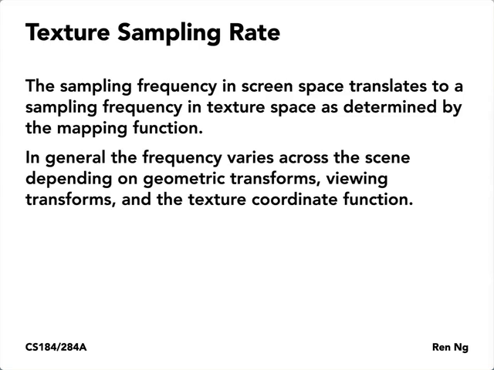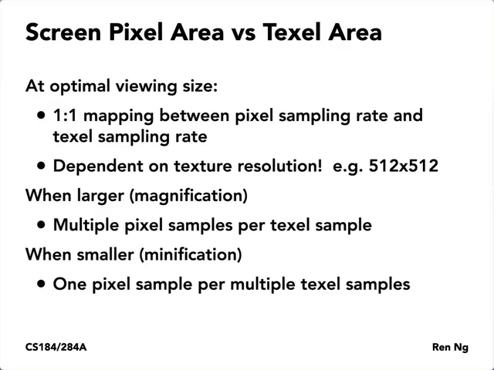And it depends on the texture coordinate function that we're laying over the 3D geometry in the scene to say, hey, at every position on that geometry, what's the UV coordinate in the texture map? All of those things will come together to determine this final mapping and determine the final frequency sampling rate in texture space. But at any point in the rendered screen image that maps into a texture location, there'll be a specific sampling rate at that location.